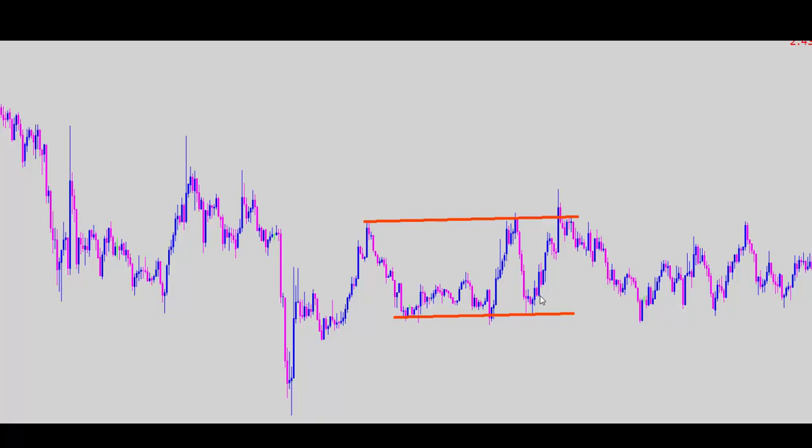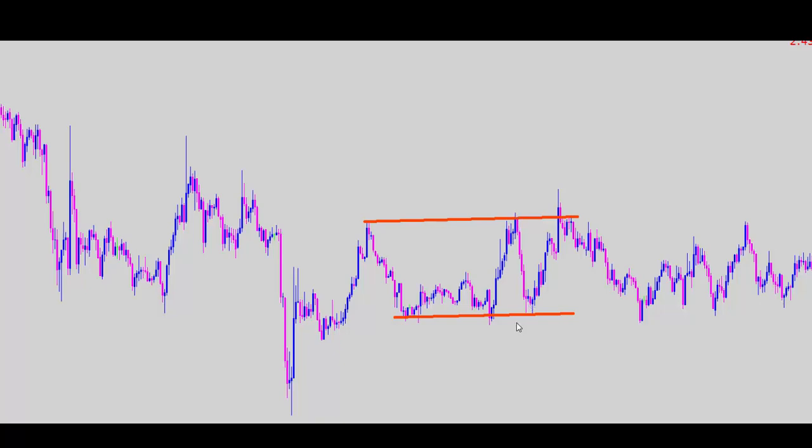And when the demand increases, the prices will rise up. So this turning point where the price stopped falling down and started to rise up again is called a support level.